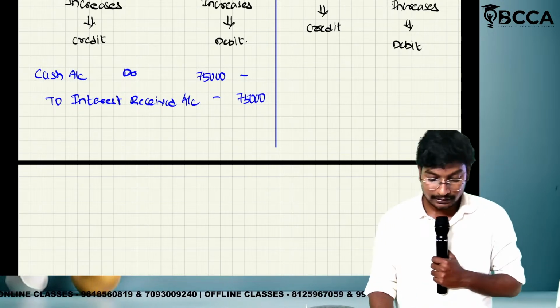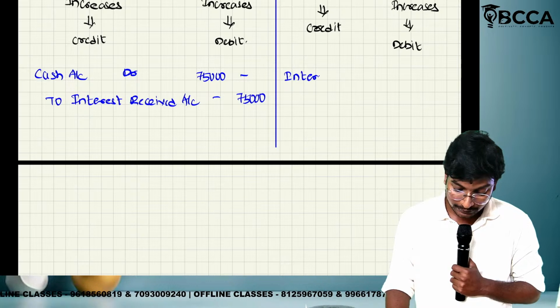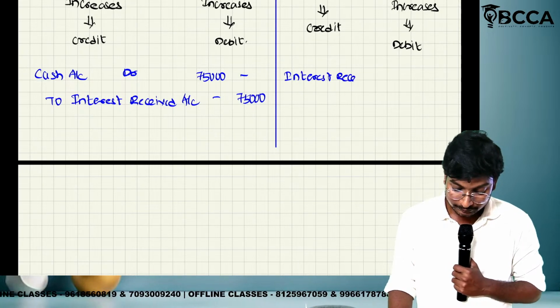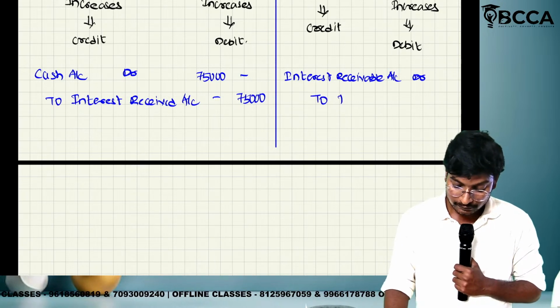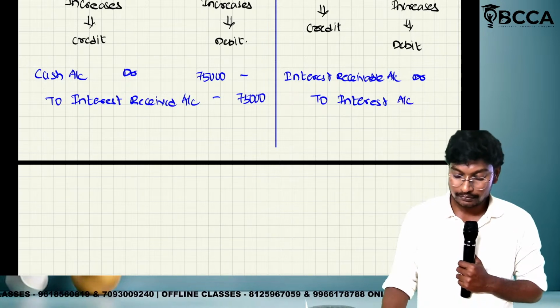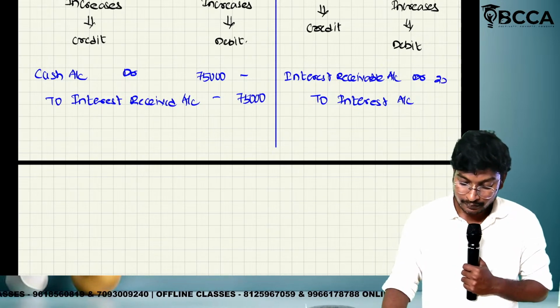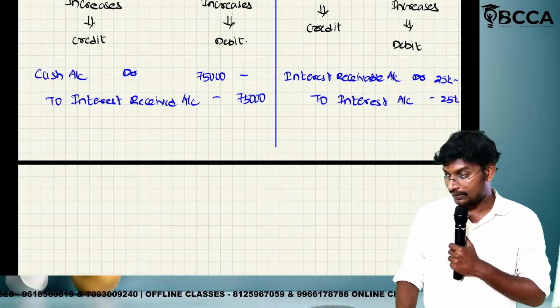Here, what is the entry? Interest receivable account debit to interest account. How much amount? 25,000.